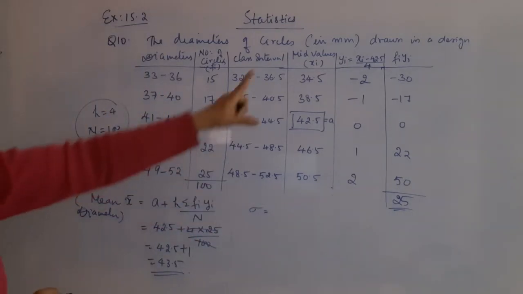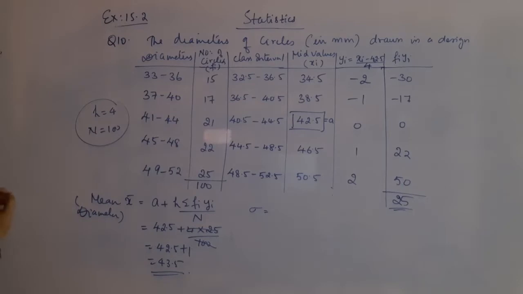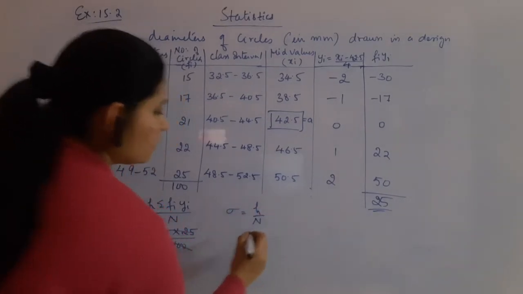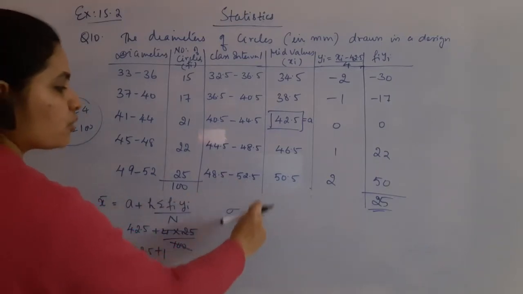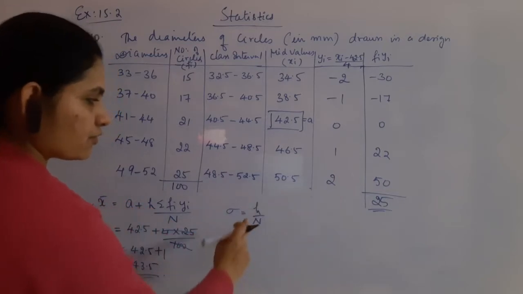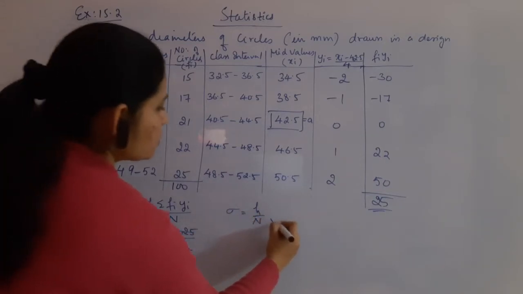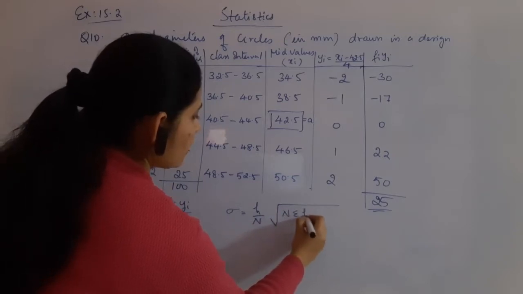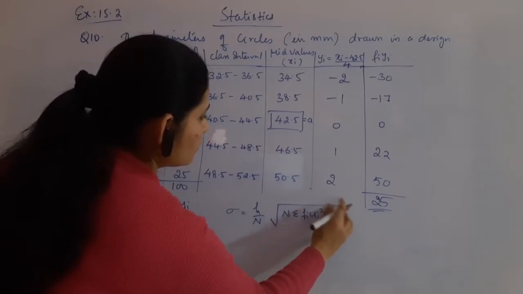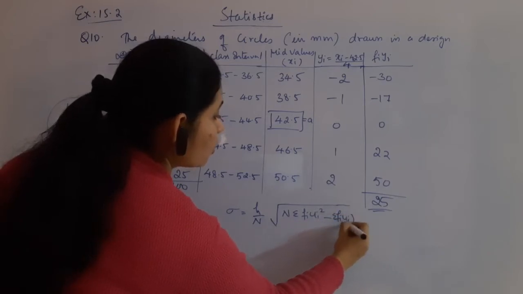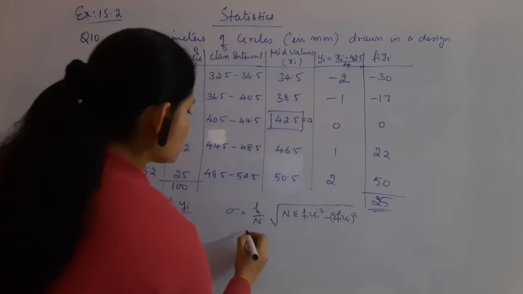Sigma will give you an idea how many columns you have to draw there. Sigma is h by n. What was sigma square? It was h square by n square into the term. So there you will have root of. So here it will become h by n into root of n into sigma Fi ui square minus sigma Fi ui the whole square. Okay, this is your sigma.